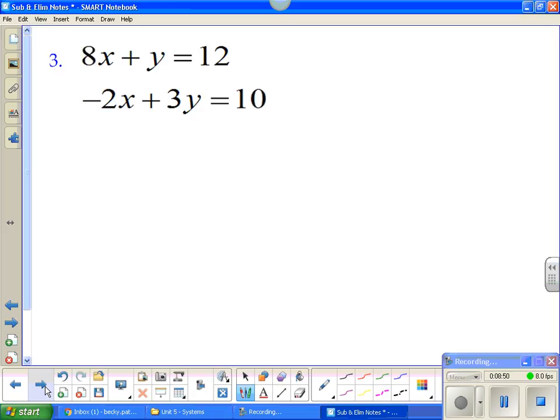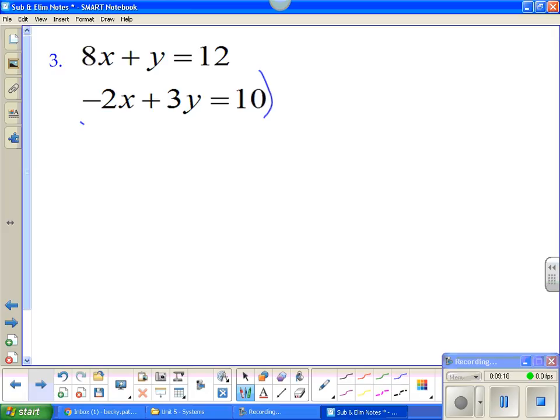What could I multiply by to make them the same? And I could turn them both into an 8x. The top one is fine because he's already an 8x. The bottom one, if I multiplied the whole bottom equation by a positive 4, wouldn't that make this term a negative 8x? And then it would cancel with that term. So that's one option.